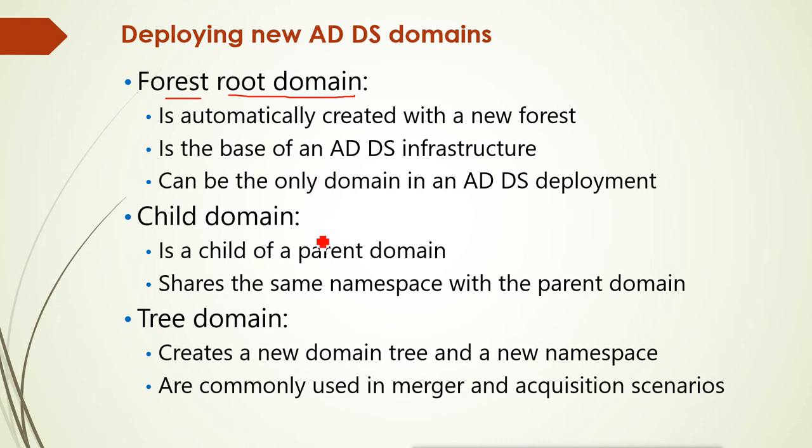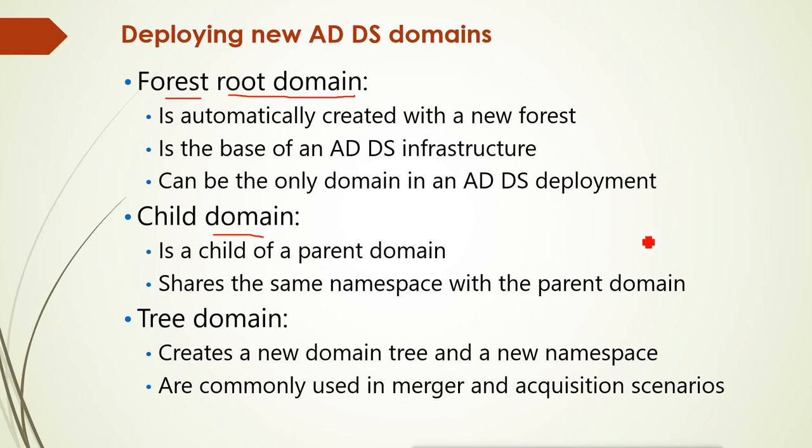Now you can create another domain, which is a child domain. A child domain is a child of a parent domain. The parent domain could be the root domain or another parent domain, and it shares the same namespace with the parent domain. So when we create a child domain, it carries the name of the parent domain.